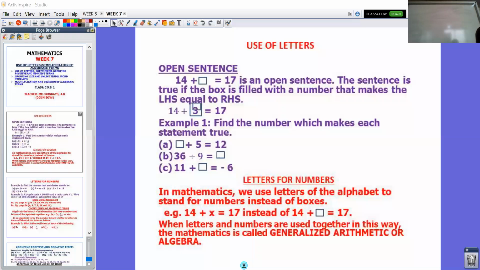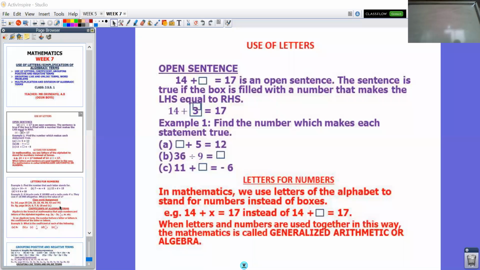If it is just an ordinary expression that you write down, then it is an algebraic expression. So 14 plus x equals 17 is an algebraic equation because of the equality sign. But if I just say 14 plus x, that's algebra. Or 2x, that's algebra. If I say 3x plus 2y, that's also algebra. So that's algebra in general.